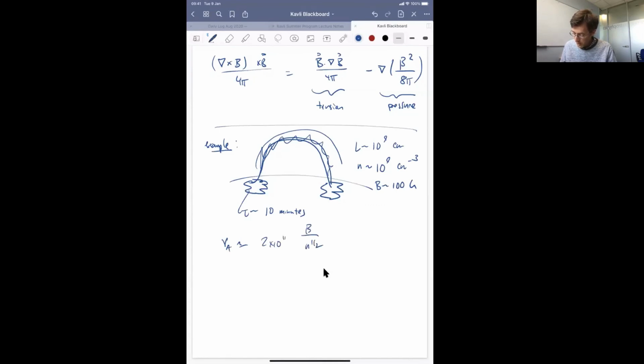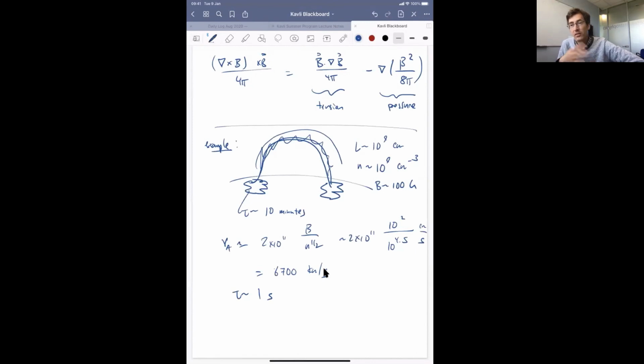So that's going to be 2 times 10 to the 11 times 10 to the 2 over 10 to the 4.5. This is all in centimeters per second. I pre-computed this, and for perspective it turns out to be about 6,700 kilometers per second. And so the time scale for it to propagate down the whole loop is on the order of a second.